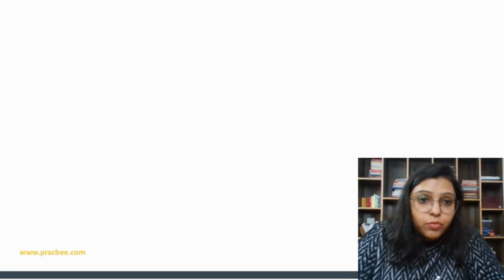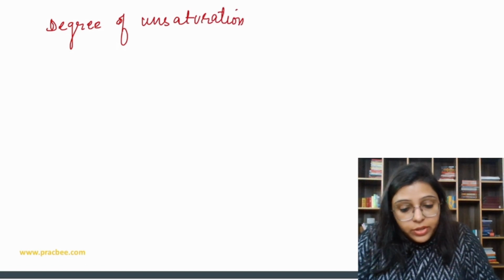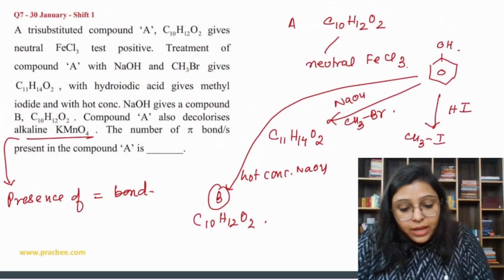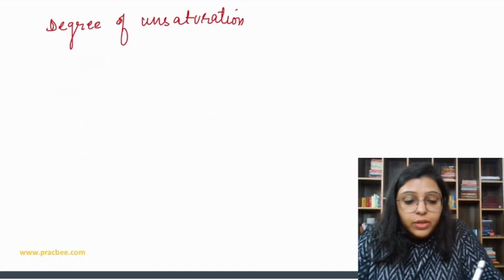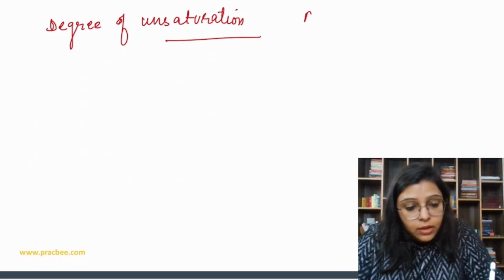For these type of questions, you need to find out the degree of unsaturation, right? So the question says number of pi bonds you have to find out in A. So what you are going to do? You are going to find out the degree of unsaturation in A. ठीक है?